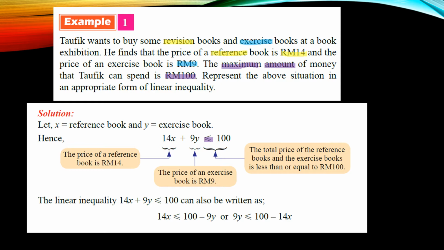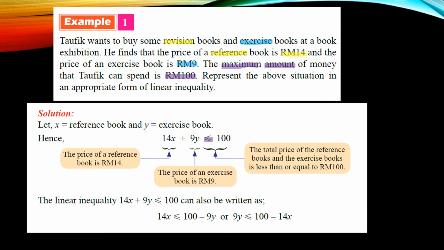Now this linear inequality 14x plus 9y less than or equal to 100 can also be written as 14x less than or equal to 100 minus 9y.